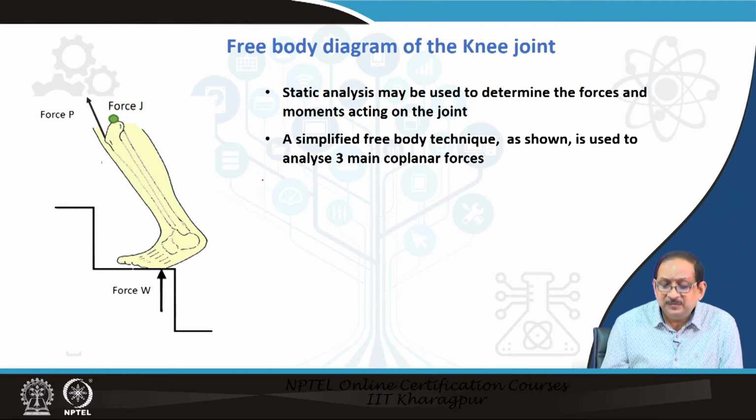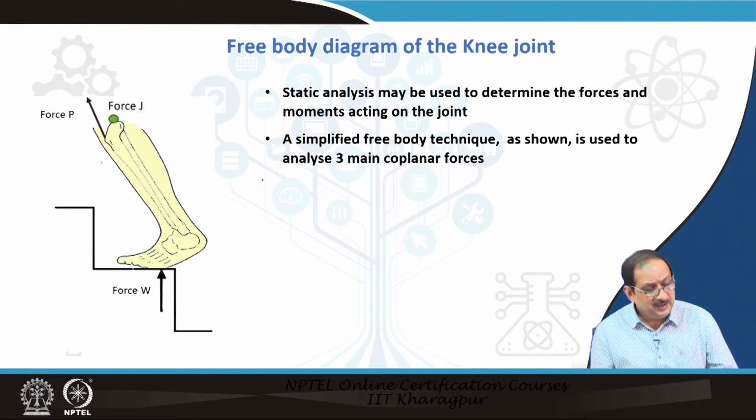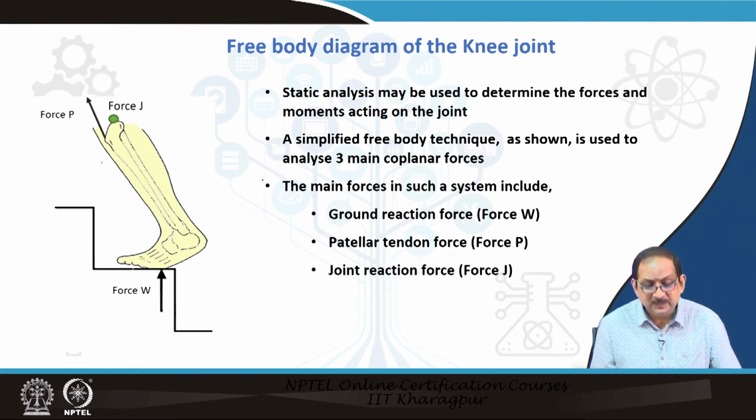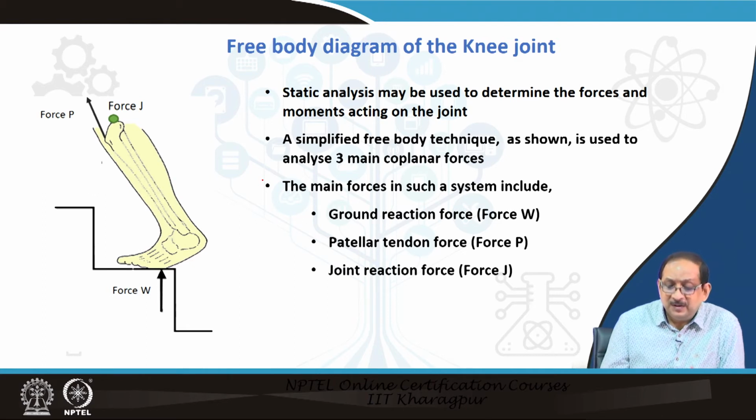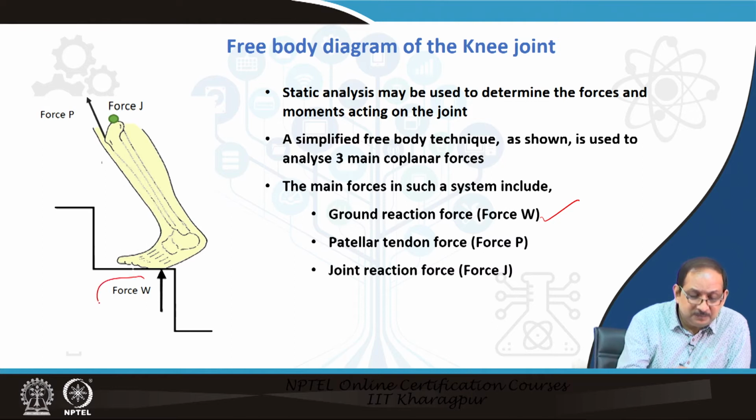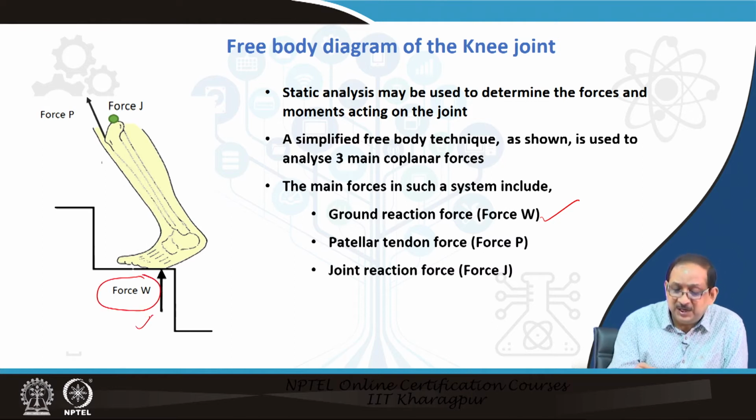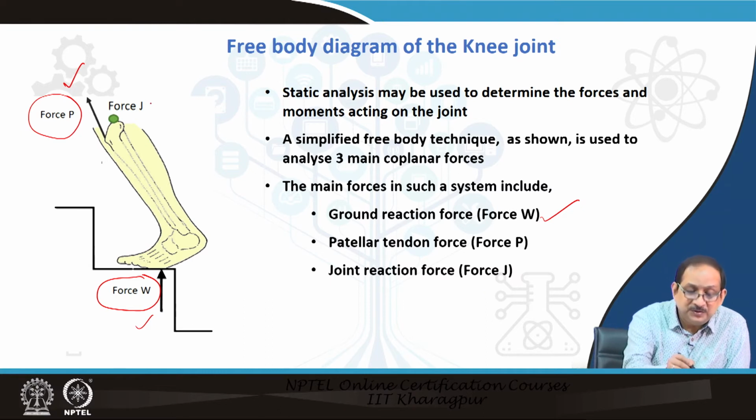So, a simplified free body technique as shown in the figure is used to analyze three coplanar forces in a two-dimensional system. The main forces in such a 2D system include the ground reaction force W, the patellar tendon force P, and the joint reaction force J.